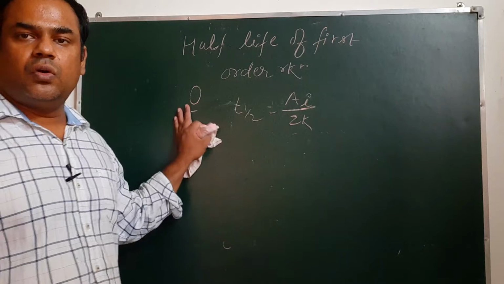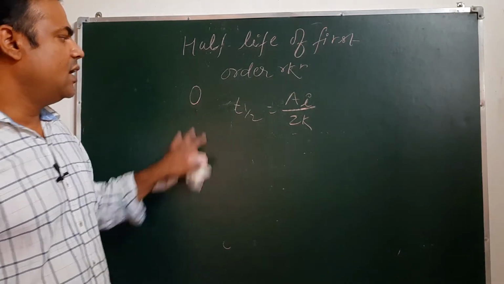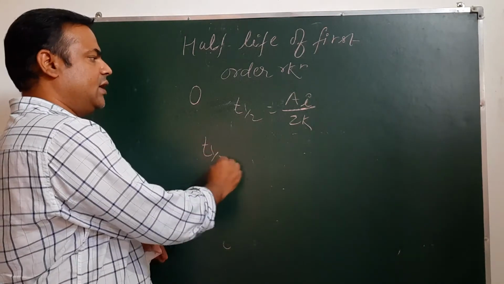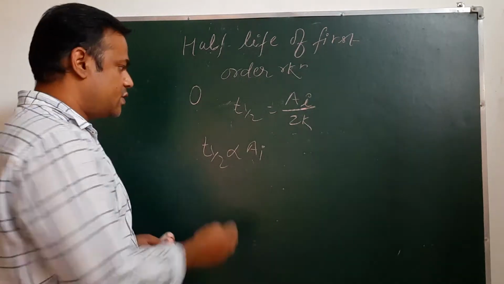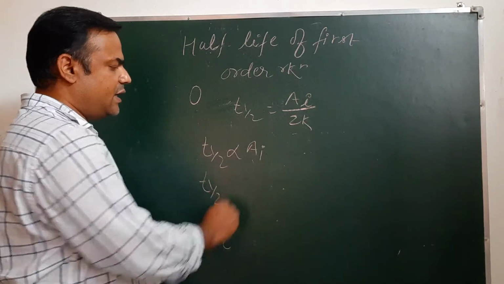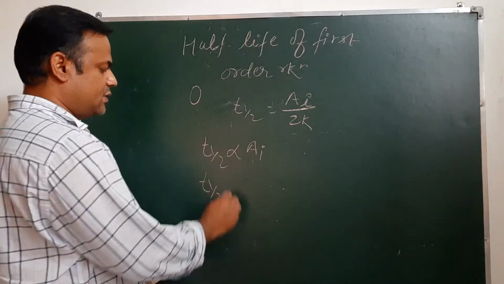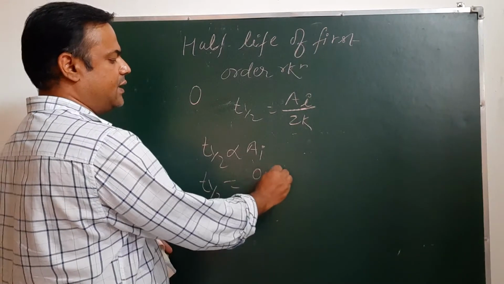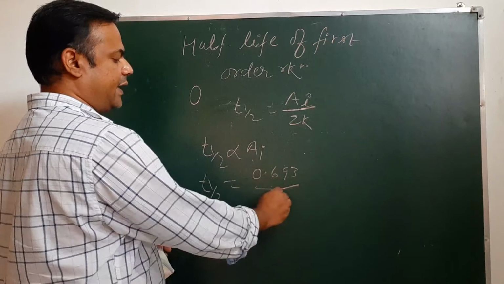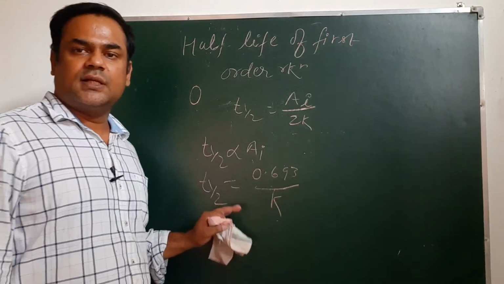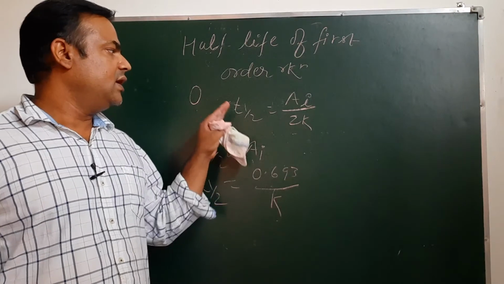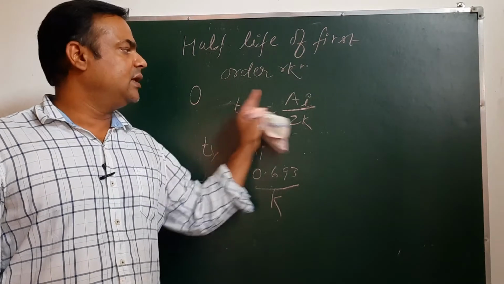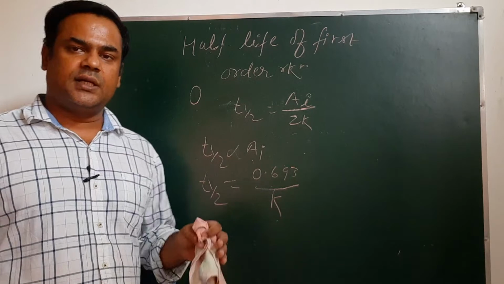So in case of zero order reaction half life is directly proportional to initial concentration. But for first order reaction, half life is equal to 0.693 divided by K. In this case half life is independent of concentration, but in zero order it is directly proportional to initial concentration.